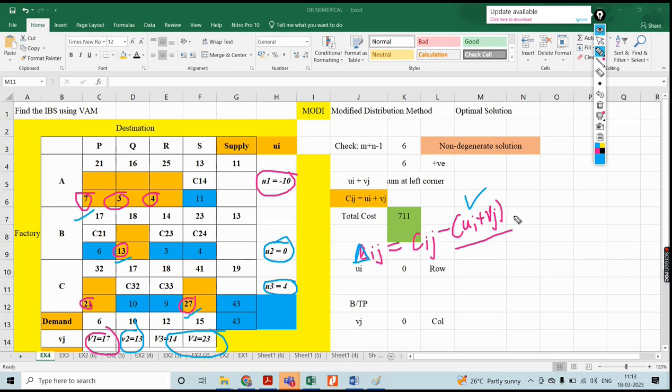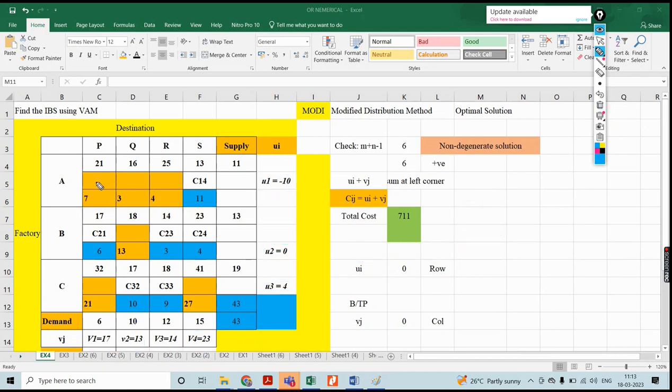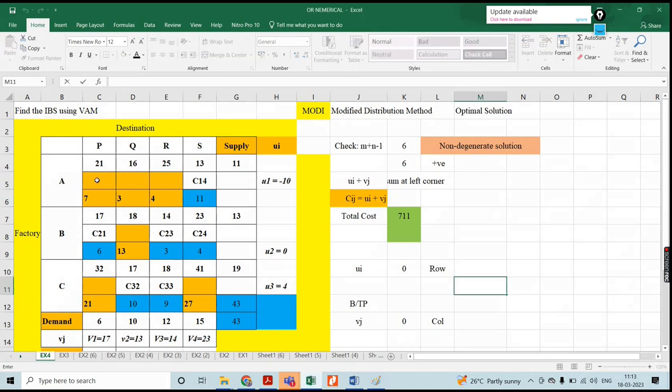If you evaluate this, you have to write it at the right corner of your cell. In this case, the right alignment is not possible, so I added another row. I will add here at the right corner.